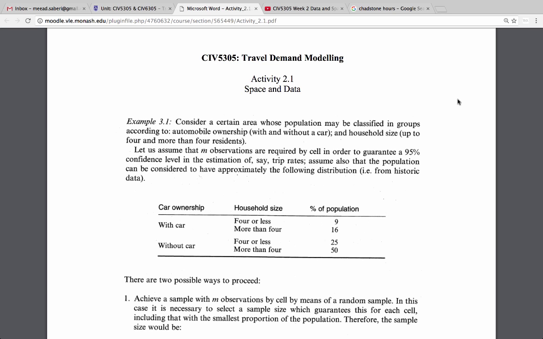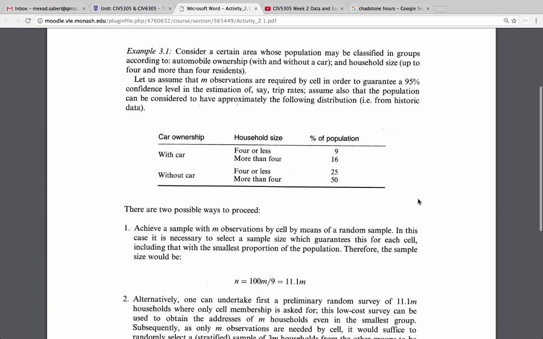Now the question is, how can we collect a sample from this population that guarantees a 95% confidence level in the estimation of whatever we want to estimate, let's say trip rates in this case? To guarantee that 95% confidence level, the example assumes that we need M observations from each group here. So the first way of achieving this is to make sure we have M observations from each cell randomly.